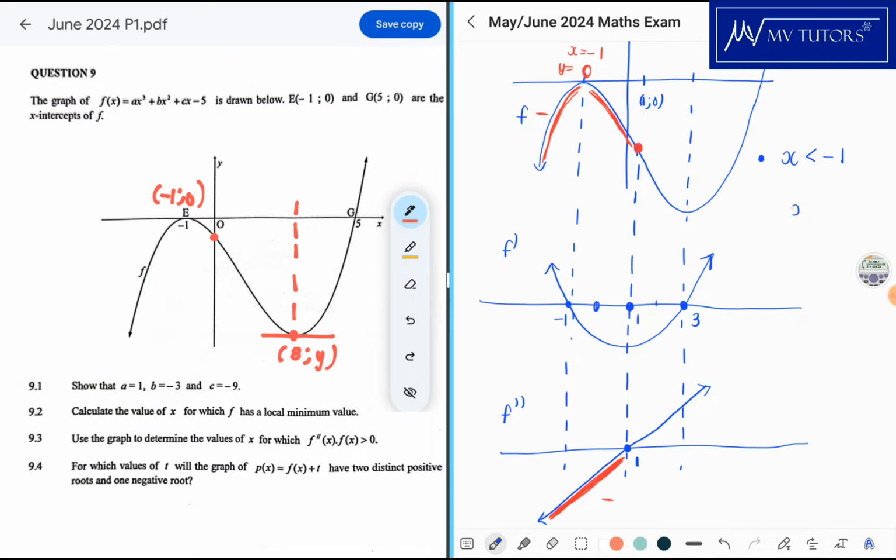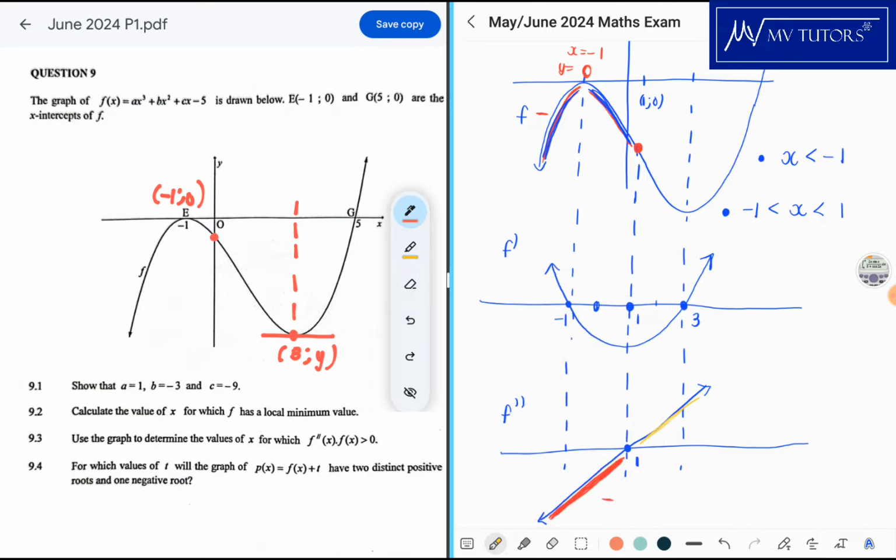Then x has to be in between -1 and 1. Okay, that's my second answer over there. All right, because like I said, we cannot include -1, so we have to exclude it. Now I'm done with the negative side. Now let's go to the positive side.